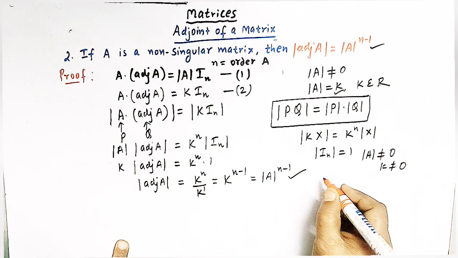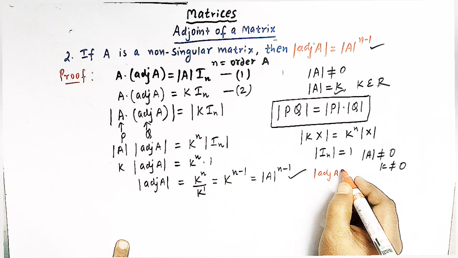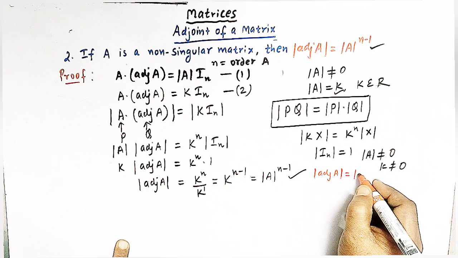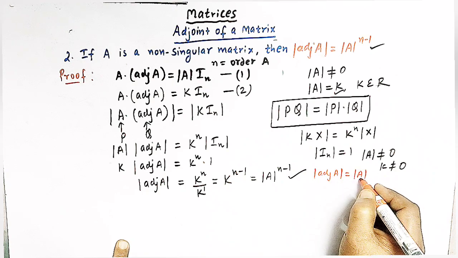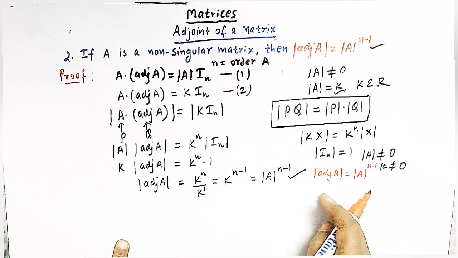From this important result, that is the determinant of adjoint of A is equal to the determinant of matrix A raised to n minus 1, we can also derive some other important results.